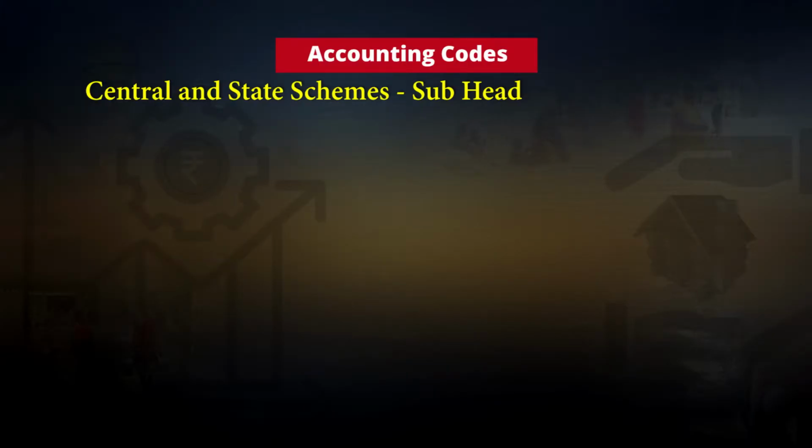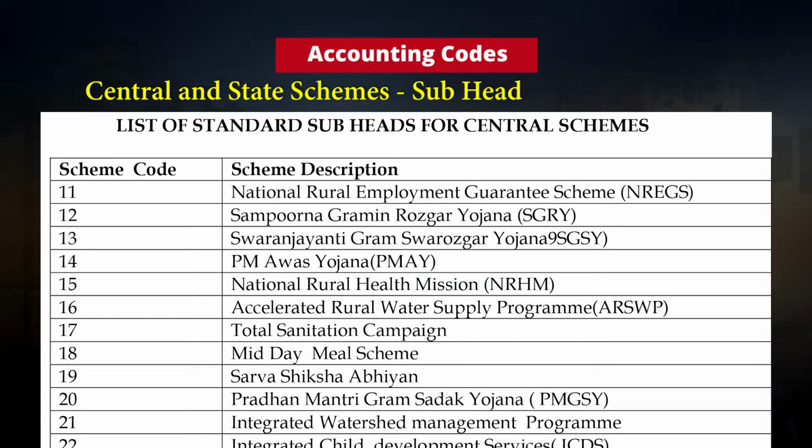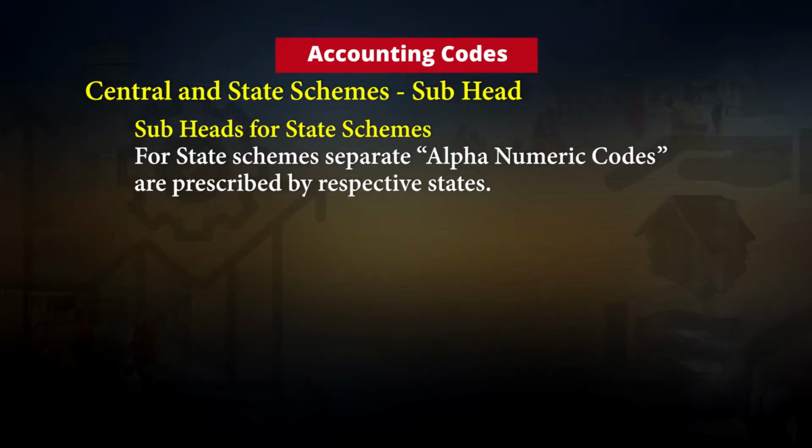There are more codes like subheads. Subheads for central schemes and state schemes. A 2-digit numeric code is assigned for central schemes. Example, 11, MGNREGA, 14, PMAY. For state schemes, separate alphanumeric codes are prescribed by respective states.